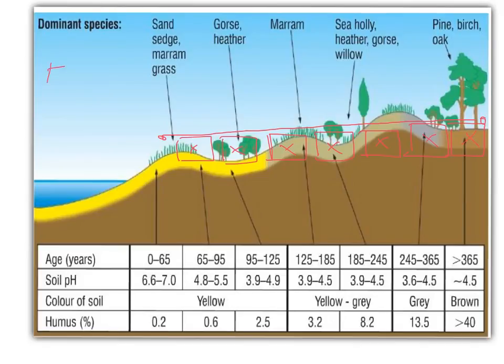We might use a key to work out what species of organisms we have and how many we have at each station. We might even take the soil pH at each station. We might take a reading of light intensity to see if that is the thing that's affecting the distribution of the organisms.